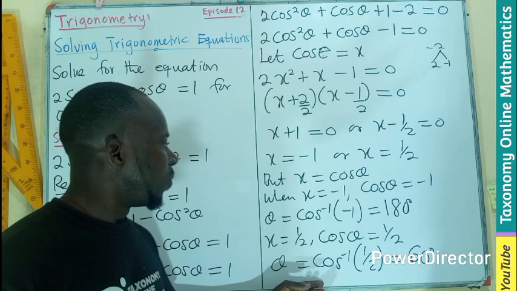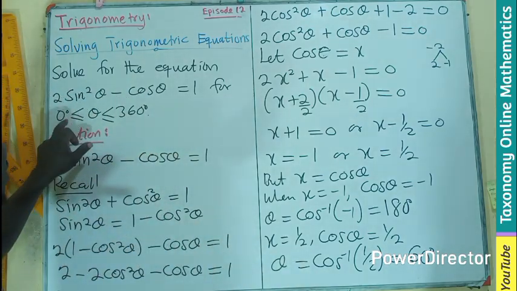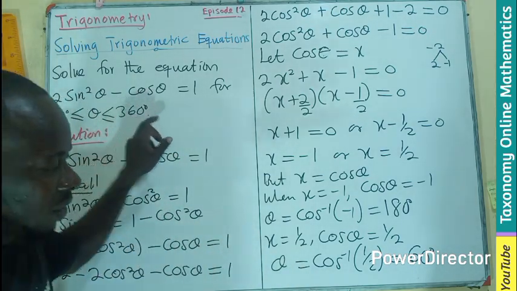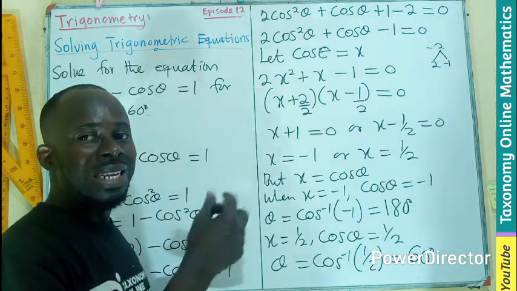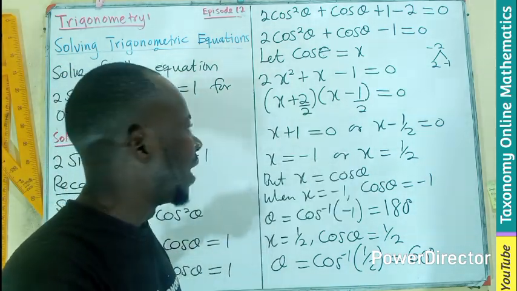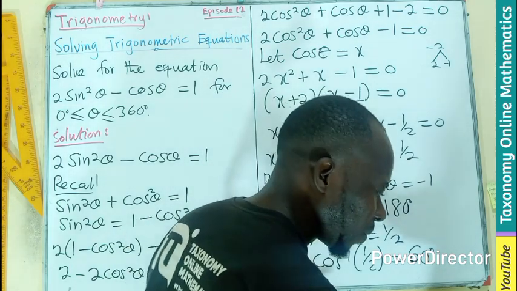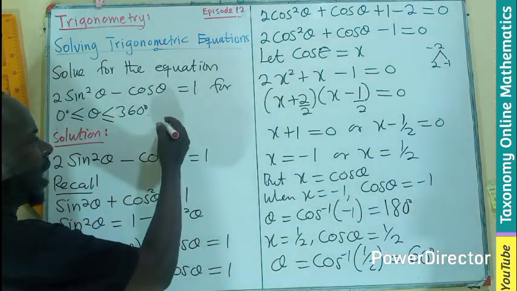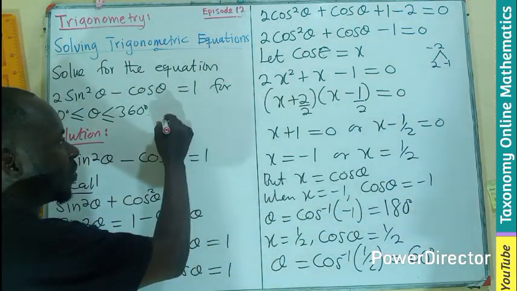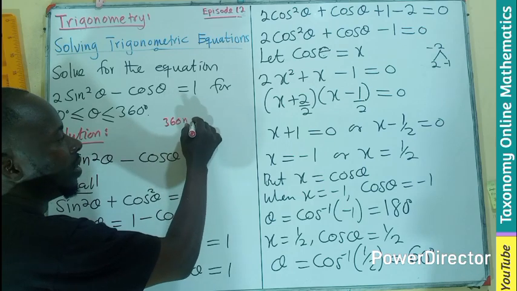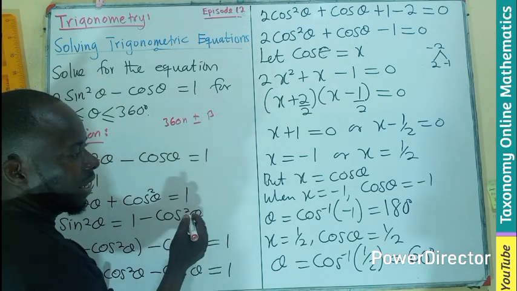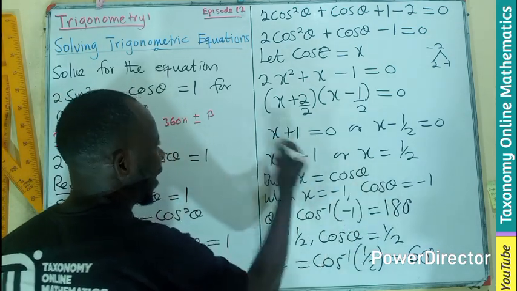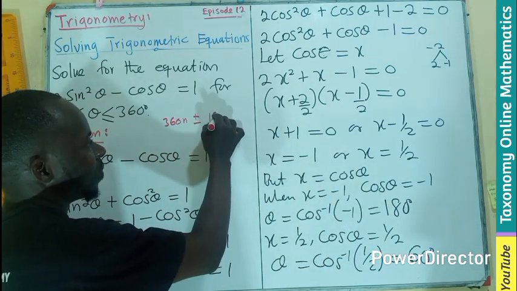Now, we are looking for the values in the range 0 to 360. We have this and this. We can try and see whether we can get any other values. We know the general solution is given by 360n plus or minus beta, where in this case I'll pick beta to be 180.